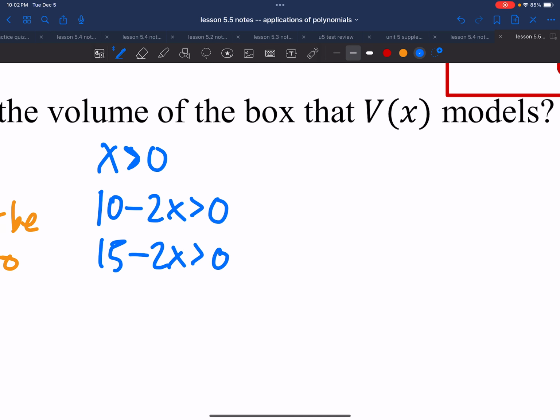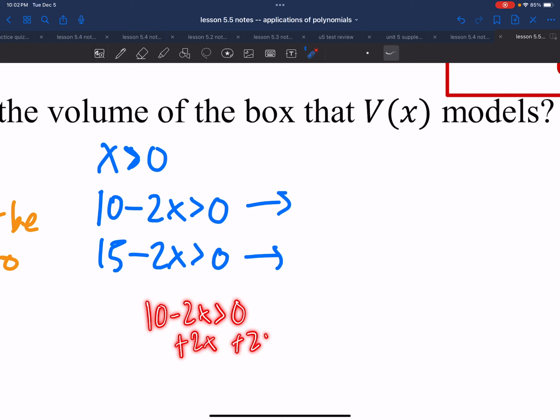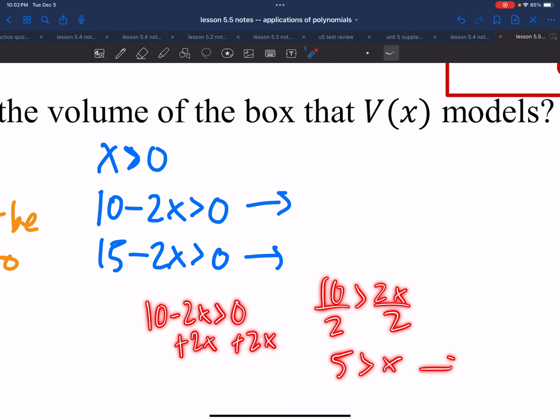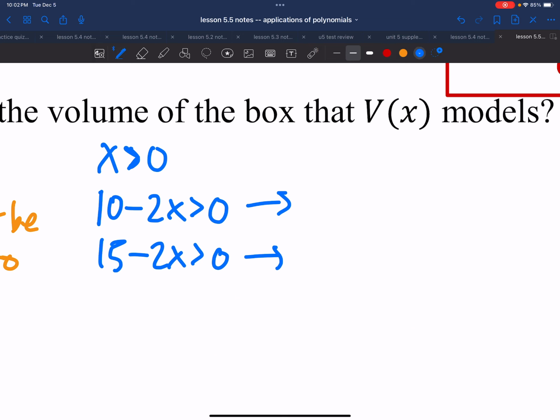Now, these are very simple Algebra 1 linear inequalities, two-step inequalities, I should say. Add the 2x to both sides. 10 is greater than 2x, divide by 2. 5 is greater than x. Or equivalently, x is less than 5, right? So conclusion, x is less than 5. And the other one should lead you to x is less than 7.5.